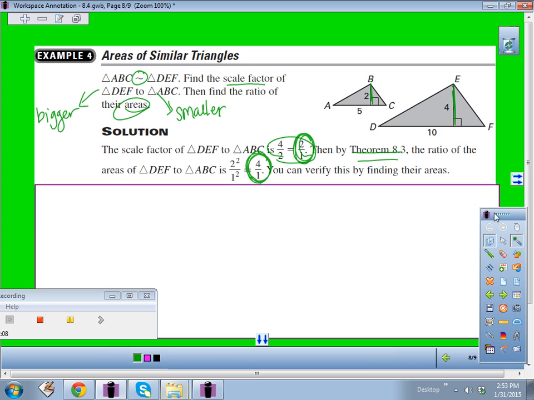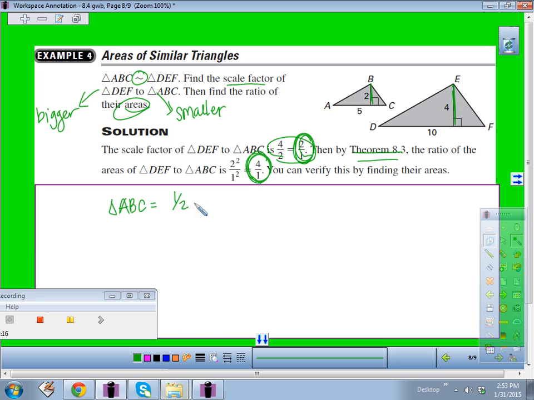So if we look at triangle ABC, and just calculate the area real quick, it'd be 1/2 the base times the height. When we do that, we get just 5 as the area, 5 square units. For triangle DEF, 1/2 the base times the height.